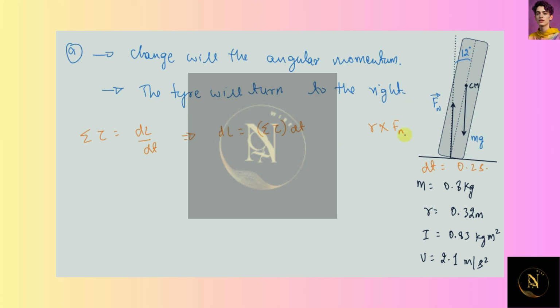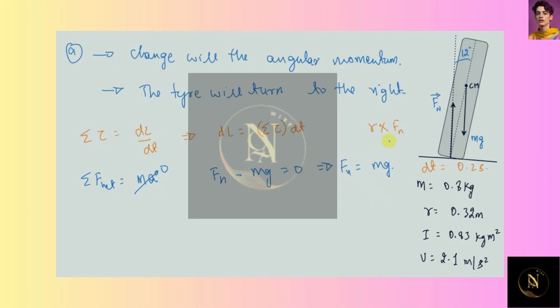Now we don't have the value of Fn, so for that again we can use Newton's second law of motion, which says that net force is equal to mass times acceleration. Now if you see the net force in the y direction, there is no acceleration, so this term would be 0. So in the vertical direction we have Fn, which is acting in the upward direction, minus mg, which is acting in the downward direction, equals 0. So from here Fn is equal to mg.